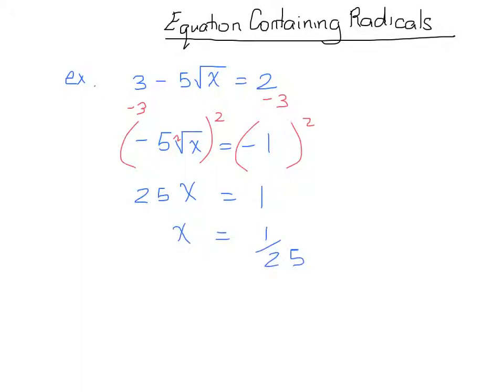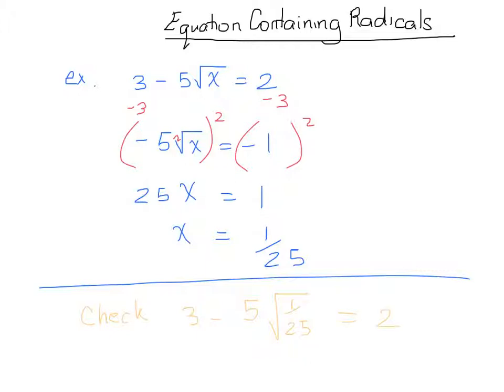And we can just test this out if we're not sure that we're right. So let's do a quick check over here. If we have 3 minus 5 over the square root of 1 over 25, do we actually get 2?